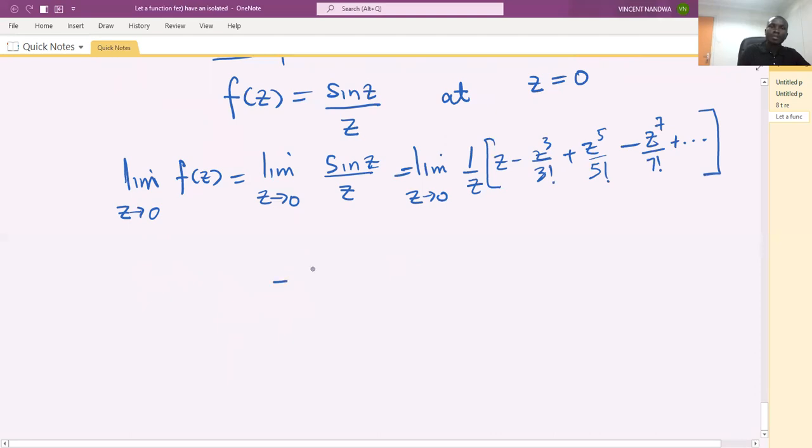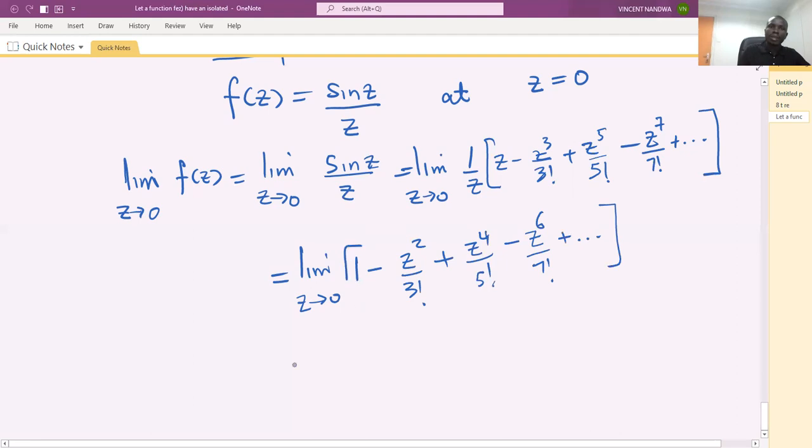Then this is the same as limit as z approaches 0. Multiply 1 over z by every term, so we have 1 minus z squared over 3 factorial plus z power 4 over 5 factorial minus z power 6 over 7 factorial plus other several terms. Then you see this will be 1. But you see f of 0 is undefined.